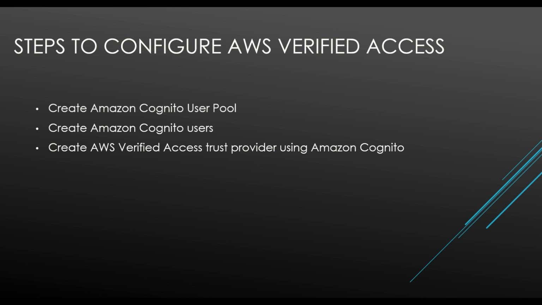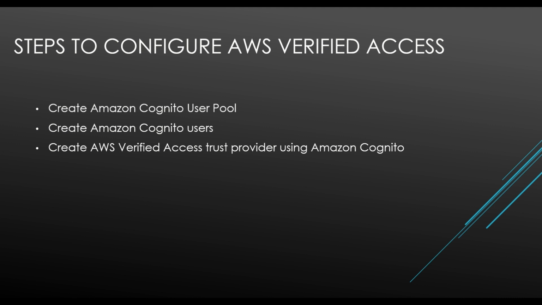Next, we need to create an AWS Verified Access trust provider using Amazon Cognito. One of the key components of AWS Verified Access is the trust provider. A verified access trust provider is a service that manages user identities or device security state. Verified access works with both AWS and third-party trust providers.